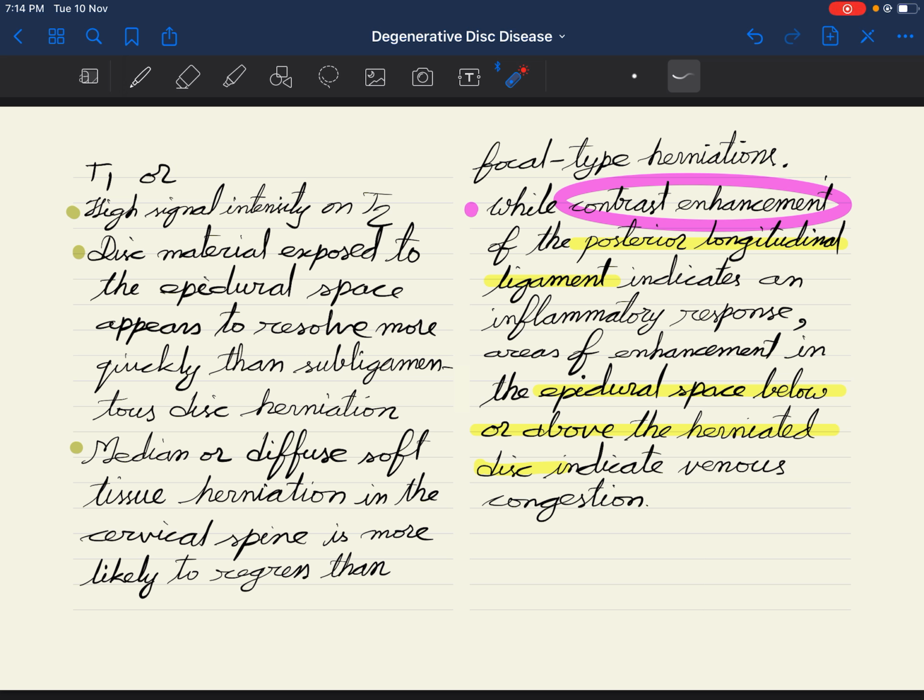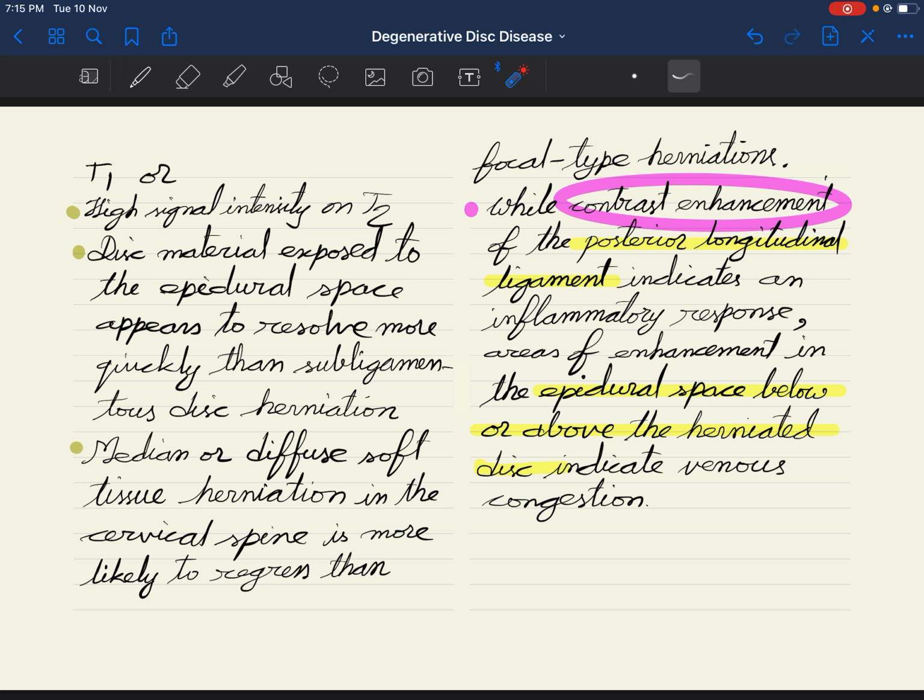because the material exposed to the epidural space gets more nutrition than the herniations located at the subligamentous level. Median or diffuse soft tissue herniation in the cervical spine is more likely to regress than focal type herniations.